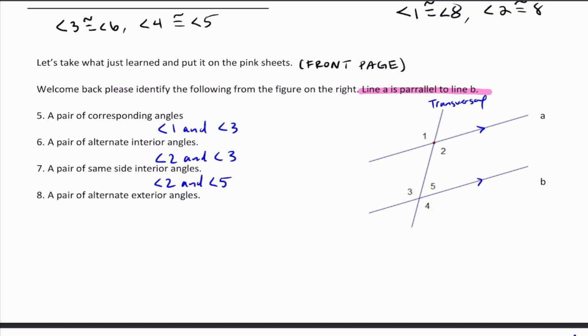Number 8, a pair of alternate exterior angles. So we need to look at exterior angles, and they need to be on the opposite sides of the transversal. I want to look at 1 and 4 specifically because these two angles are outside of the parallel lines. They are exterior angles, and they are on opposite sides of the transversal.